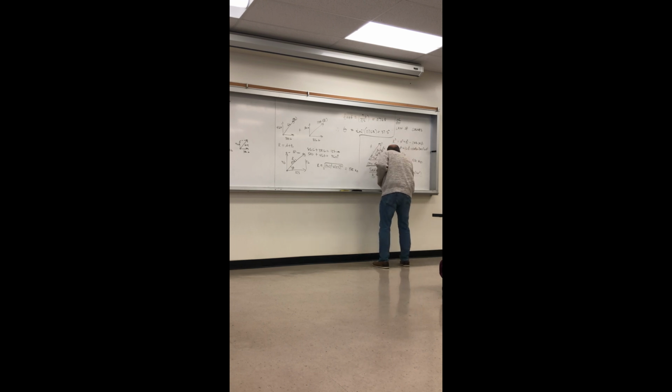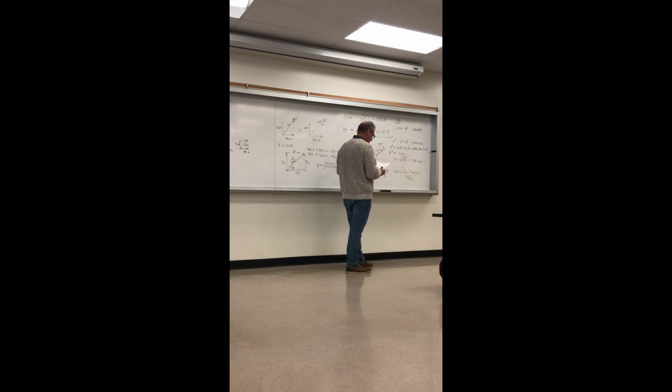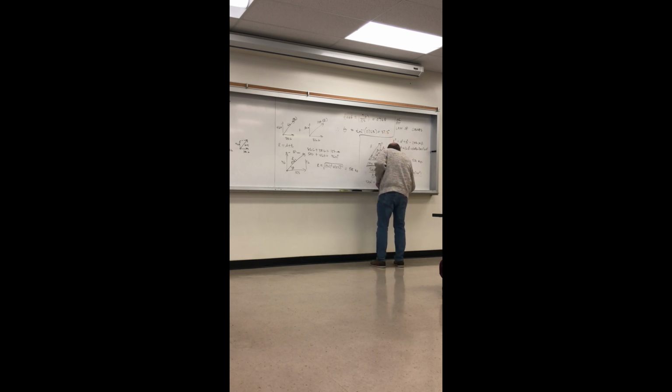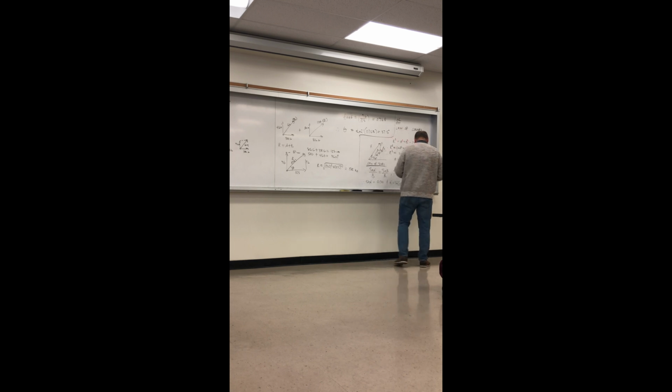And I get that therefore sine of alpha prime is 0.130, and alpha prime therefore is the arc sine of 0.130, which is 37.5.